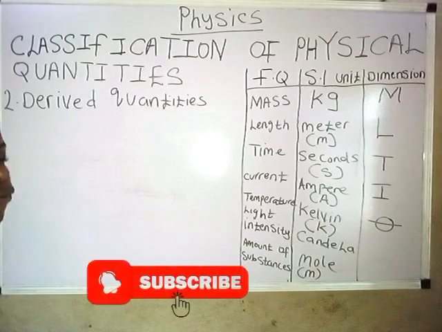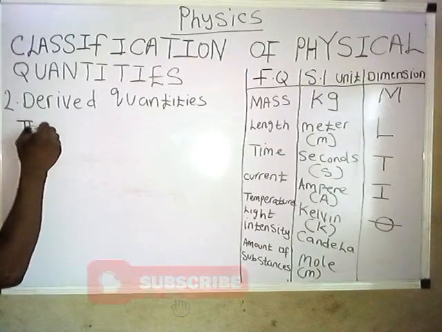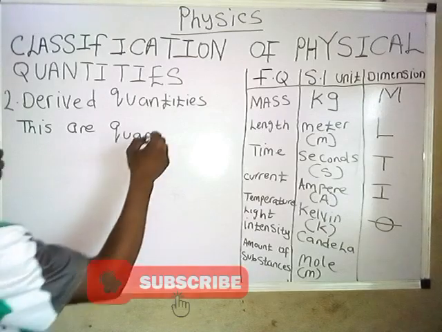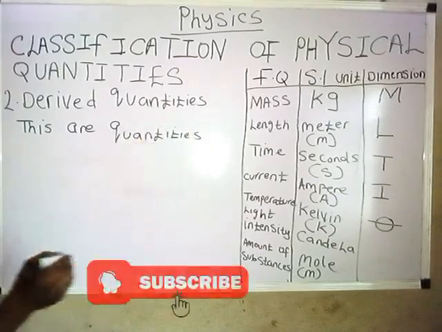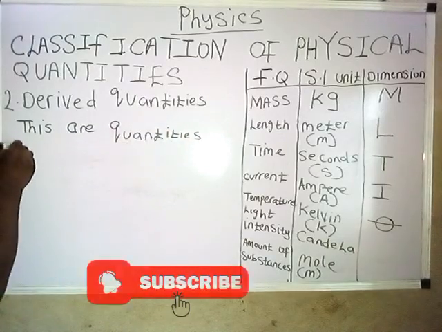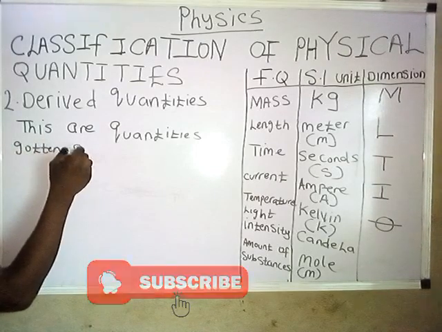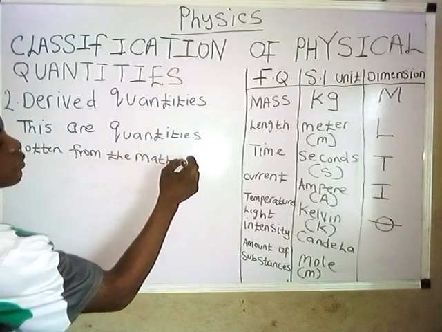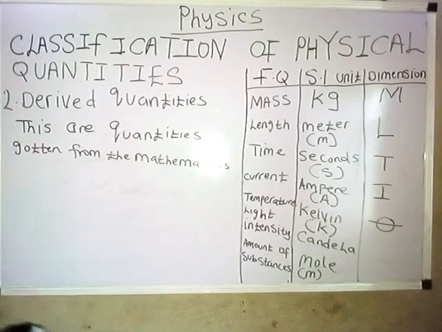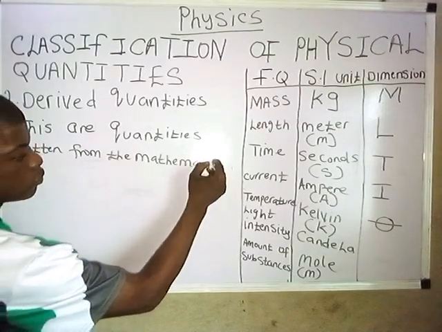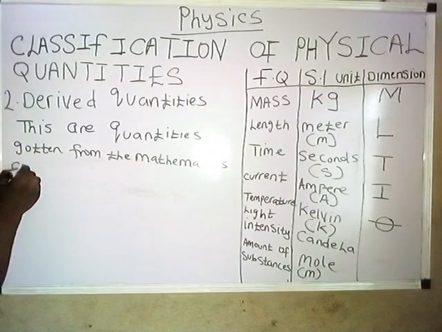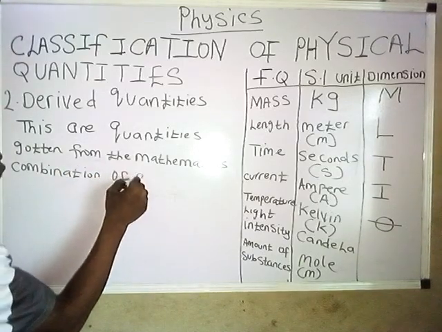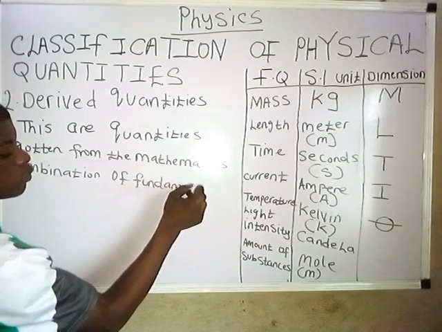So let me say that derived quantities are quantities gotten from the mathematical combination of fundamental quantities.